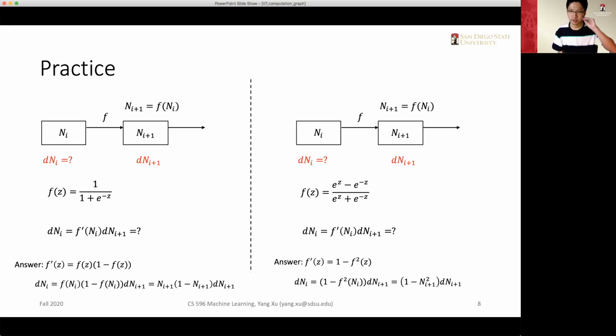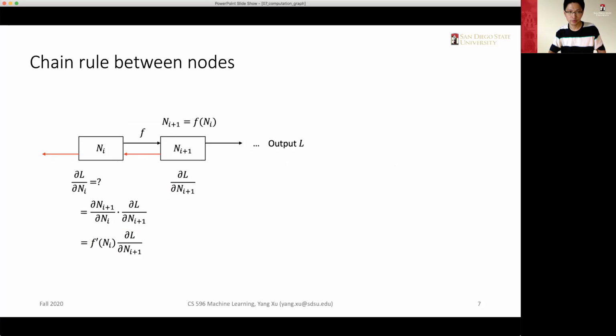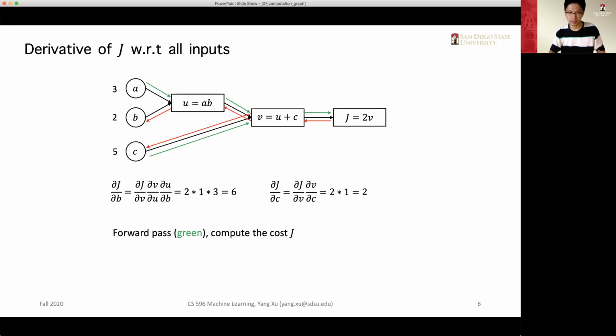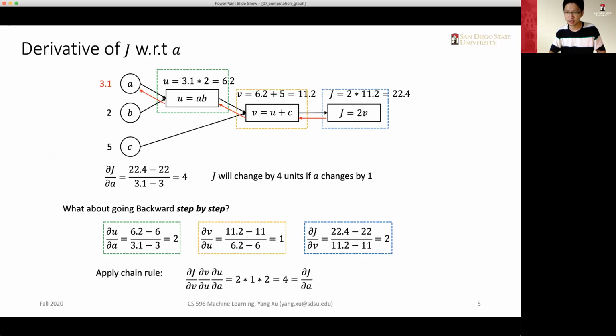Once the lecture is over, please review the previous slides from slide 1 to slide 8, because these are the important building blocks for all the concepts related to neural networks, since we're using a graph to represent all the computation within the forward path and the backward path of a neural network model.